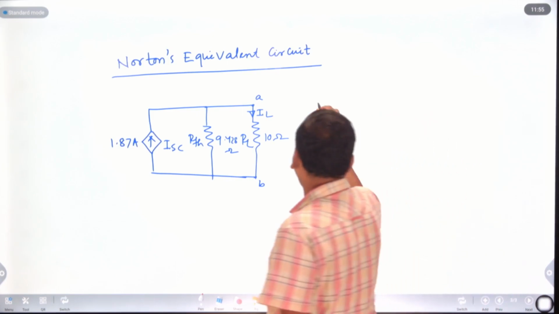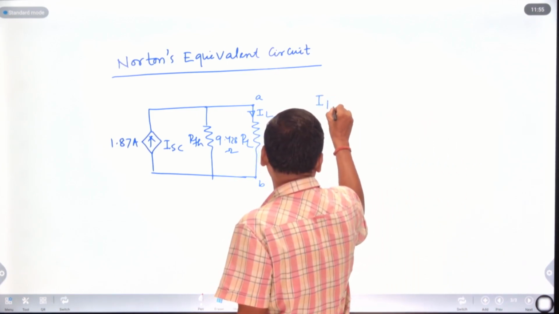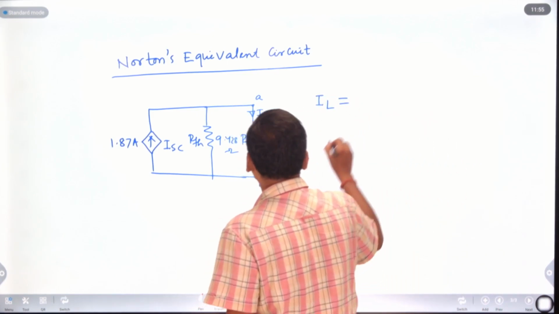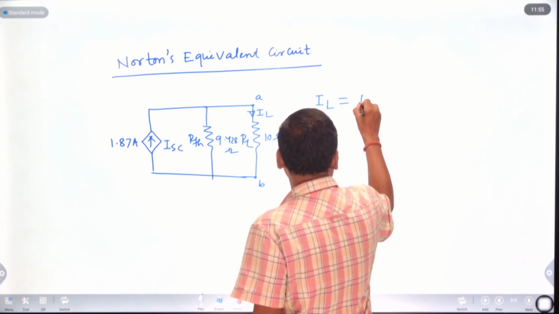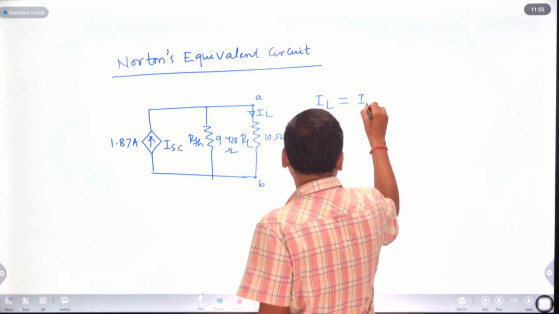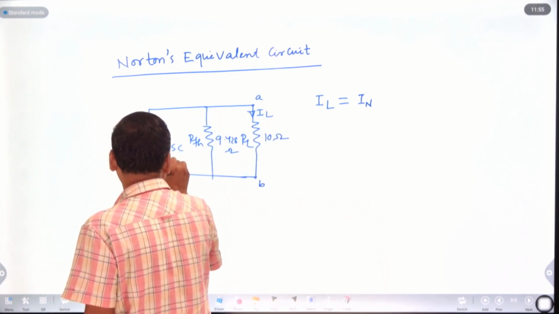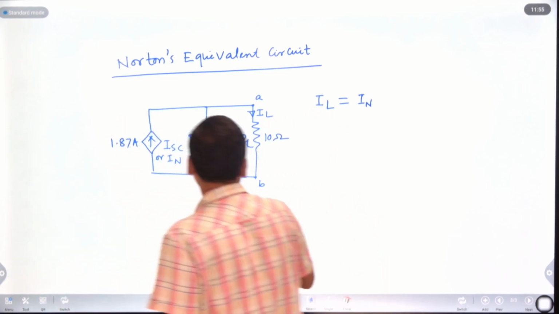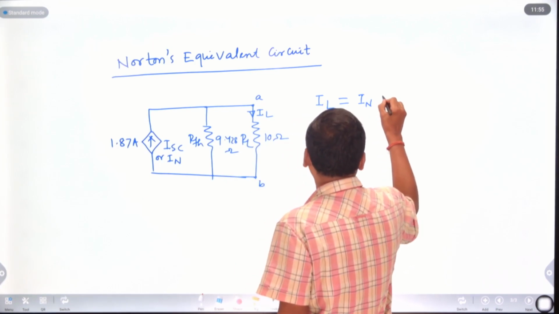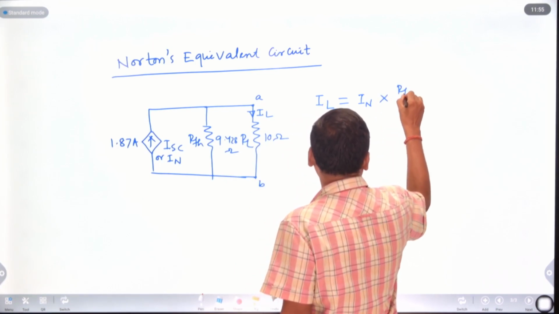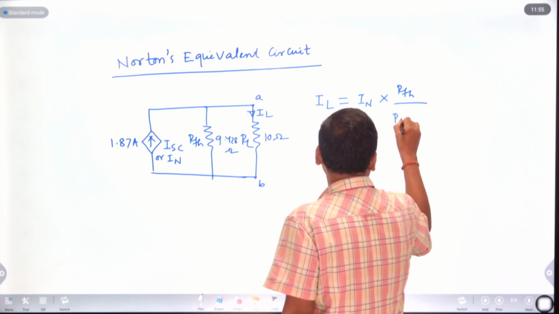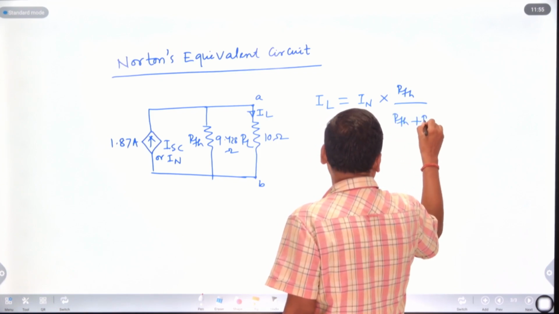So IL, the current flowing through the 10 ohm resistance, equals ISC or IN, the short circuit current or Norton's current, times the opposite resistance RTH, divided by RTH plus RL.